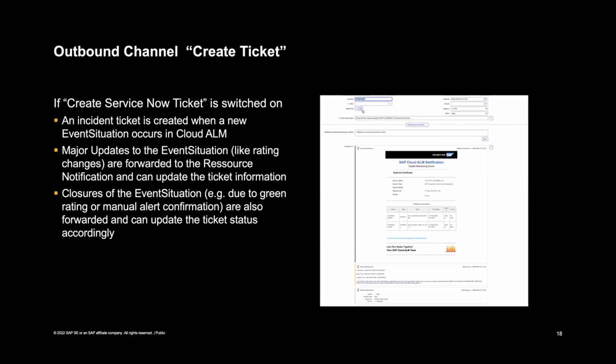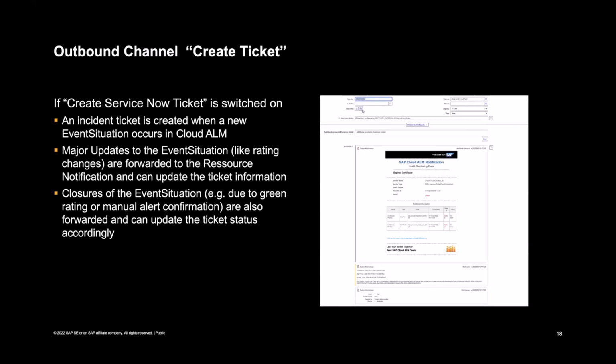So it depends on the ITSM processes of the customer. You can either directly confirm the ticket, or you can just add additional information in the ticket from Cloud ALM that the issue has been solved. The rating for the situation is now green.